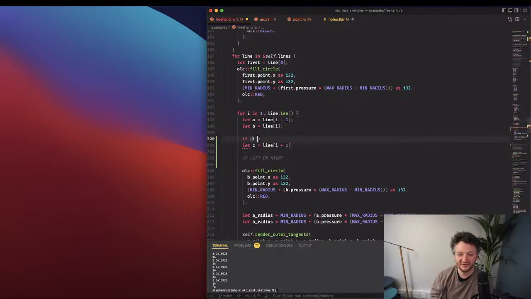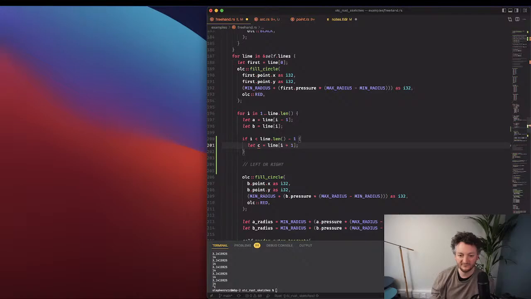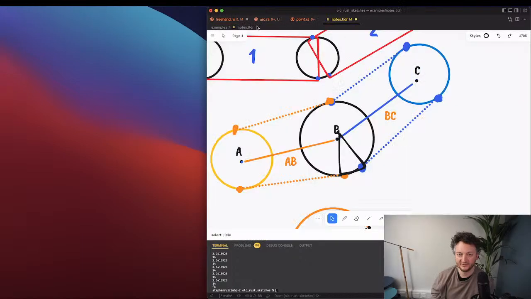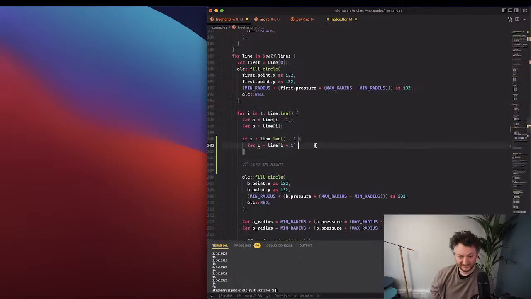So if I is less than line.length minus 1, so if there is a next one, then let's draw a cap. So this is going to be the next point. So this is going to be our C. Okay, so far so good.